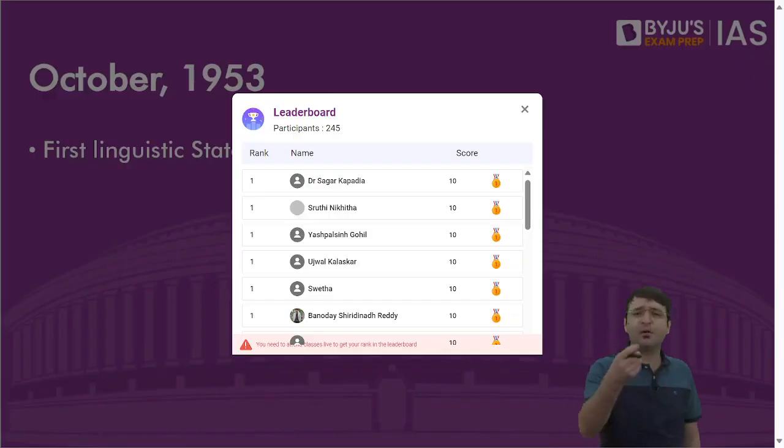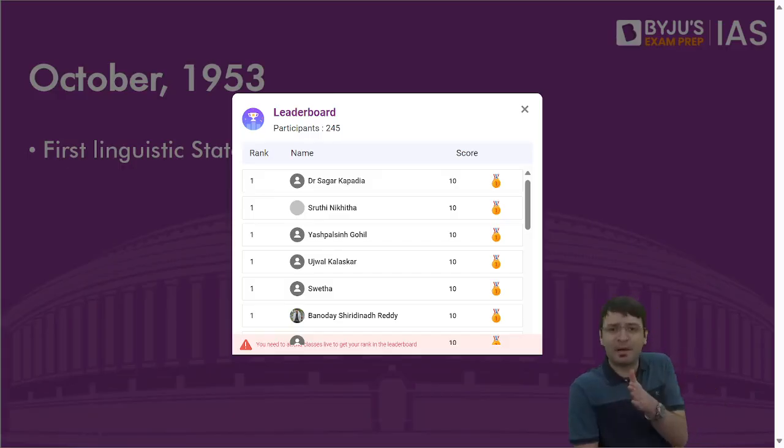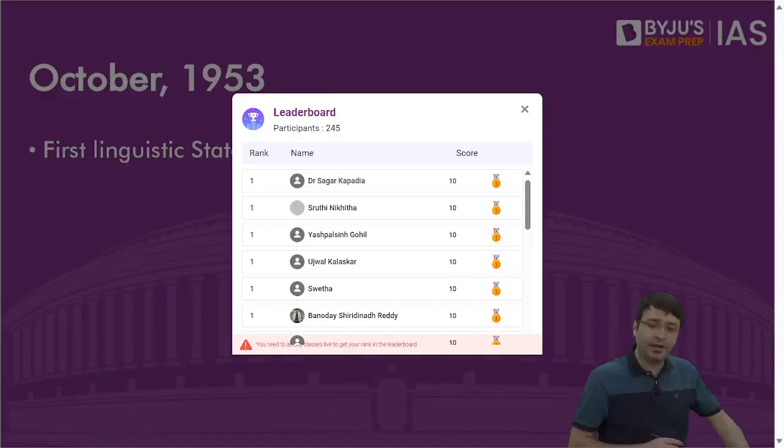Although previously Odisha or Orissa was created in the name of language for the Odia-speaking population, that was prior to independence, during colonial times. In post-independent India, for the first time, a state was created specifically on the grounds of language. The first linguistic state in independent India was Andhra in October 1953.